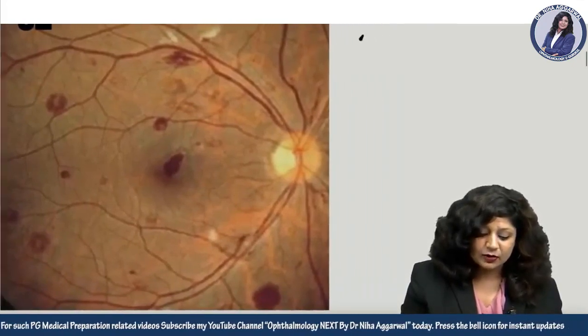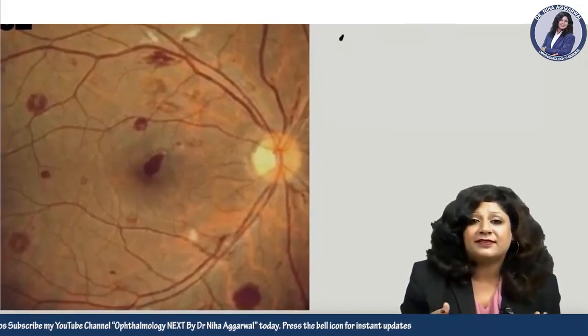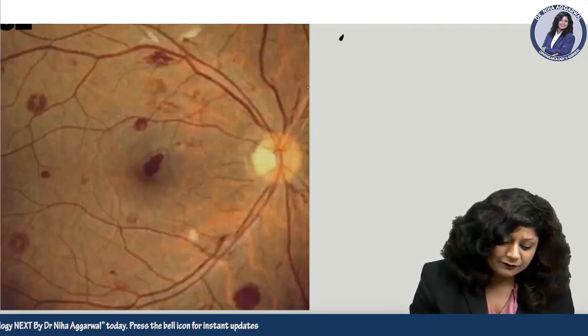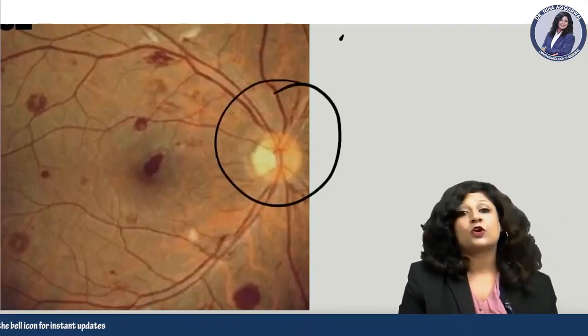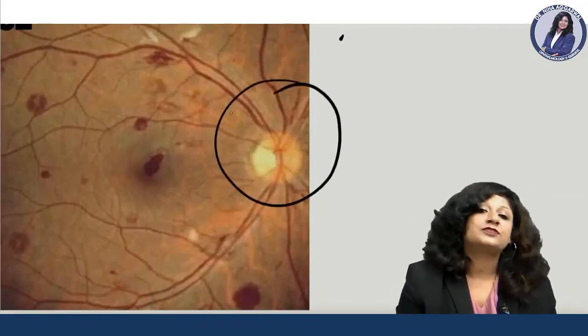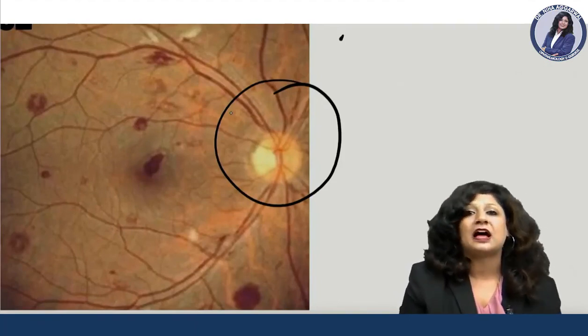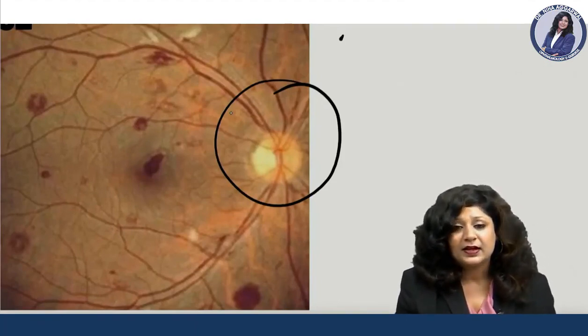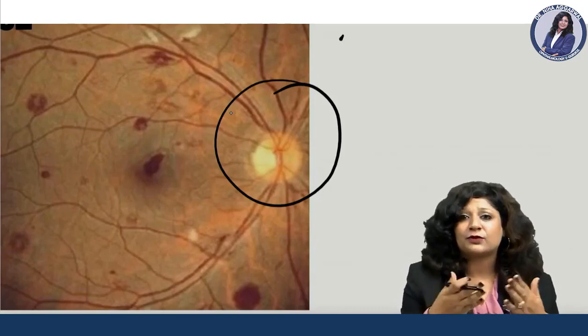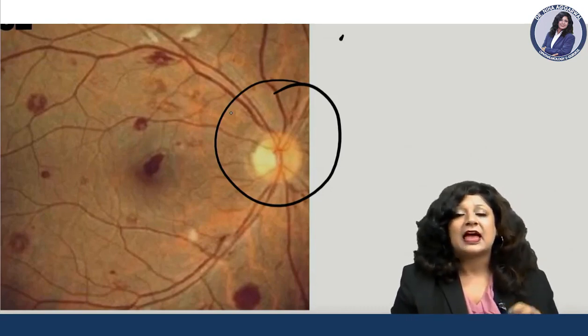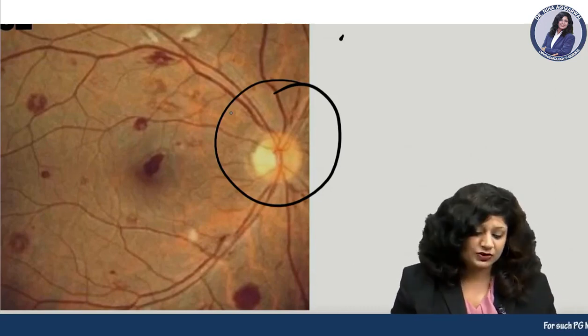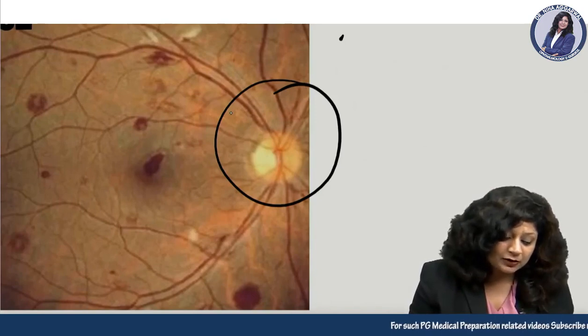We can see a good optic disc, we can see the vessels. These are the large vessels, which are the central retinal artery and the central retinal vein, major blood vessels coming from the center of the optic disc, and along with this we have hemorrhages. Now what is so peculiar about these hemorrhages?